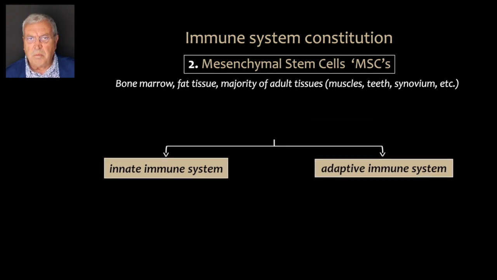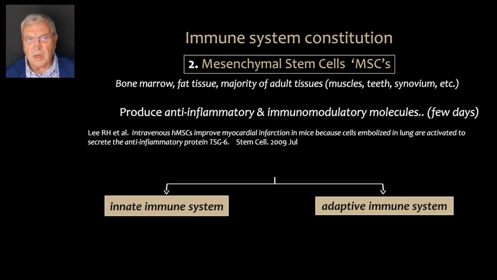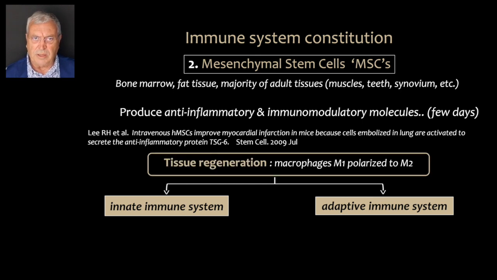How? By producing anti-inflammatory and immunomodulatory molecules during a few days. Because the goal is to organize the tissue regeneration when they polarize the macrophages from M1 to M2.